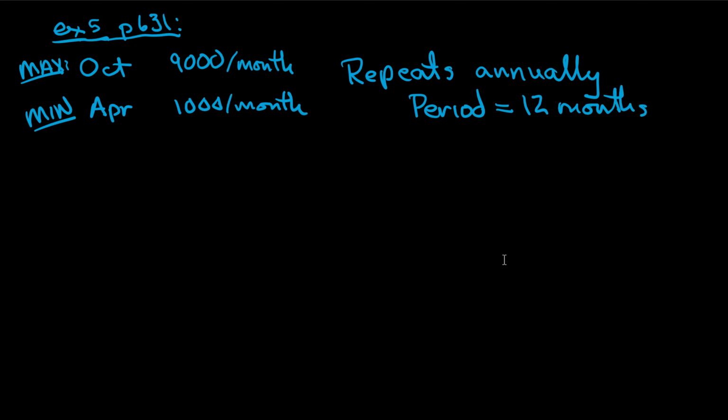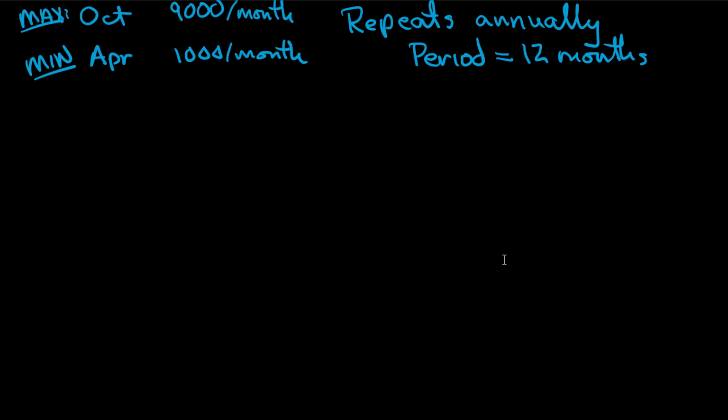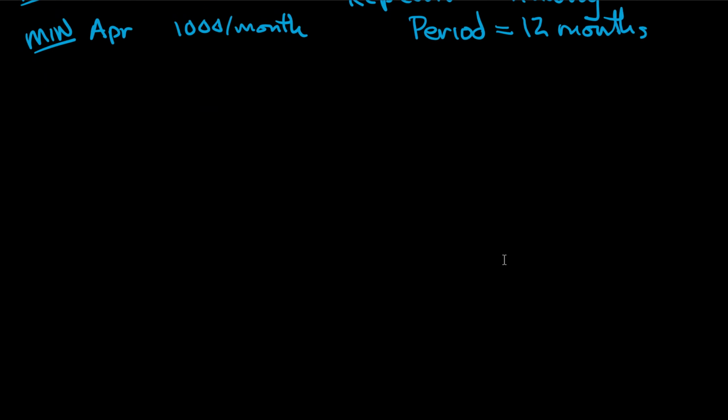Now, when we go to plot this data, what are we going to do? Well, we're going to have something like this. We don't really need to pay much attention in the negative direction, either X or Y. We know that the low point of this is going to be 1,000 units. The high point is going to be 9,000 units.